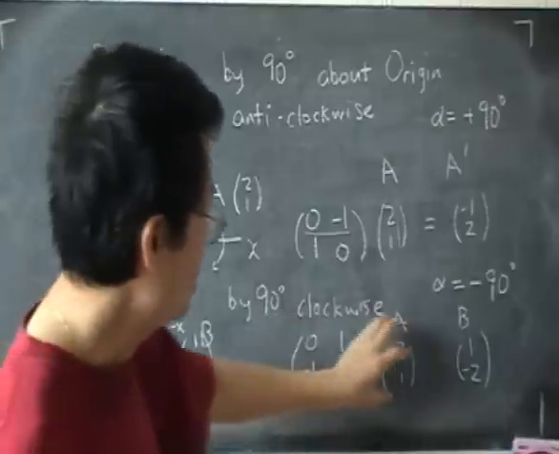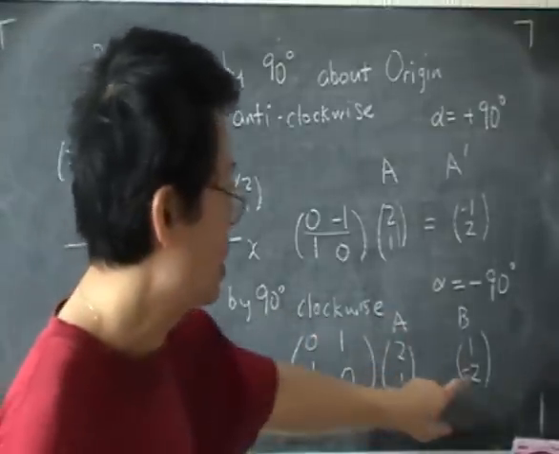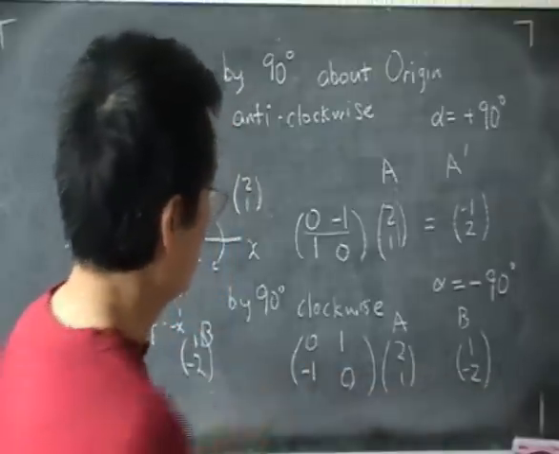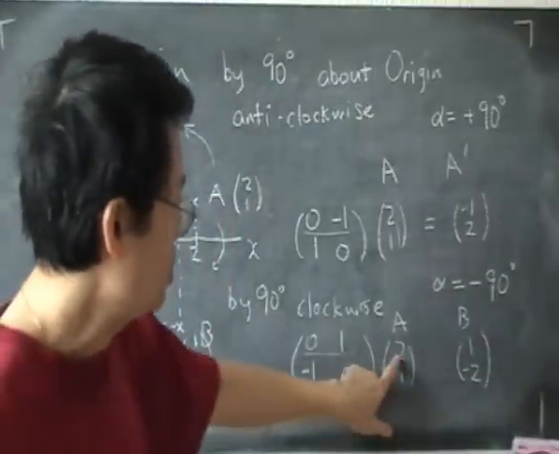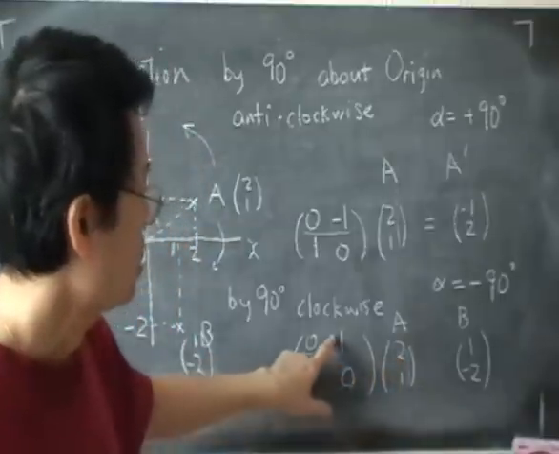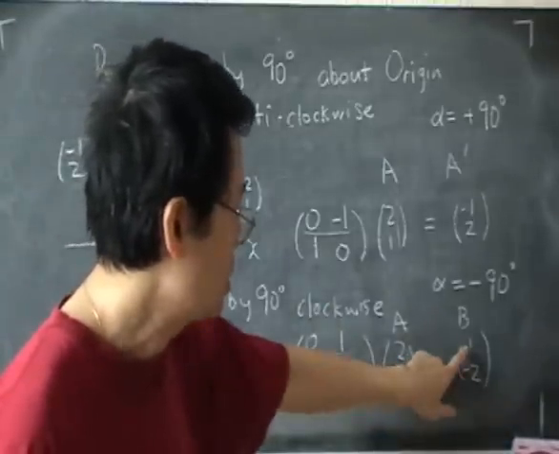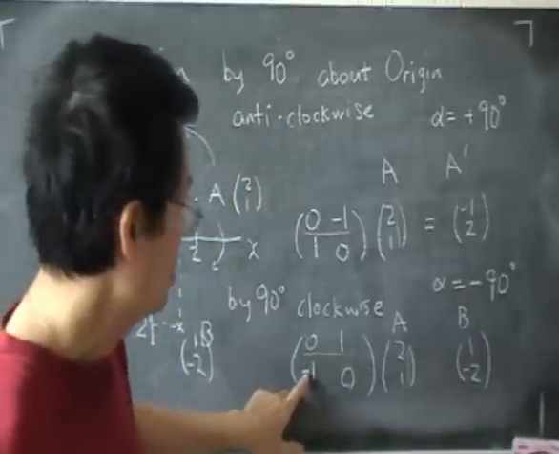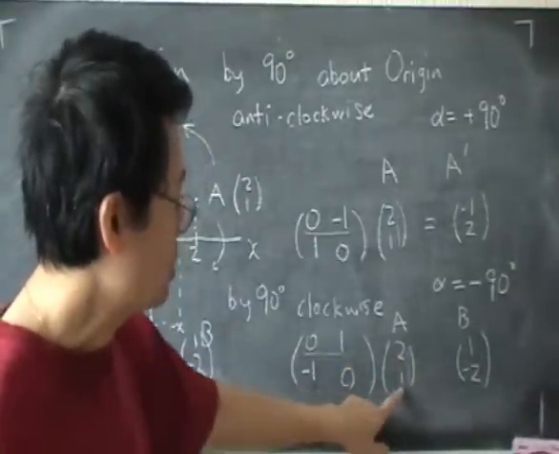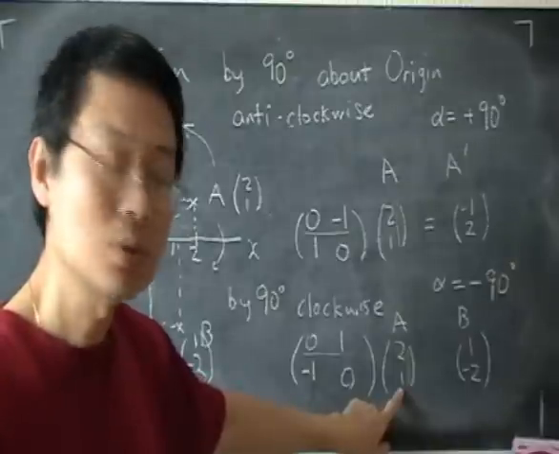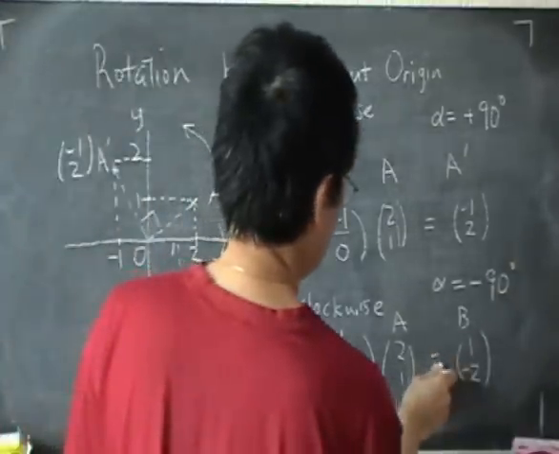And if you multiply this by this, you'll find that you would indeed get the answer B. So first row, first column, 0 times 2 is 0, plus 1 times 1 is 1. So 0 plus 1 is 1. Second row, minus 1 times 2 is minus 2, plus 0 times 1 is 0, so minus 2 plus 0 is minus 2. So we get the right answer.